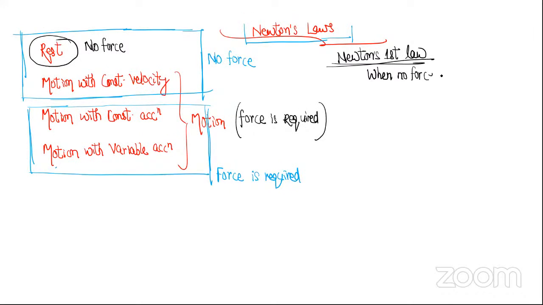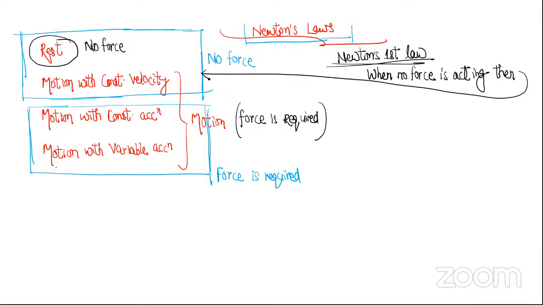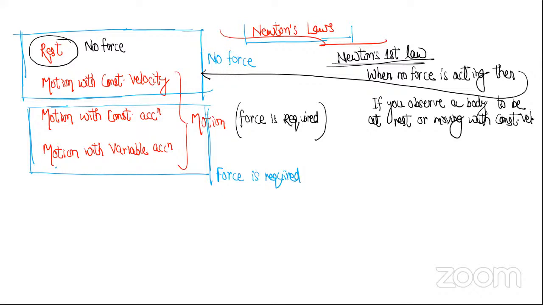So when no force is acting, then, तो इसका एप्लीकेशन क्या है? इसका एप्लीकेशन इज, if you observe a body to be at rest or moving with constant velocity, then form an equation. किस तरह का इक्वेशन लिखोगे इसके लिए? ऐसे इक्वेशन लिखो, net force on it is 0.